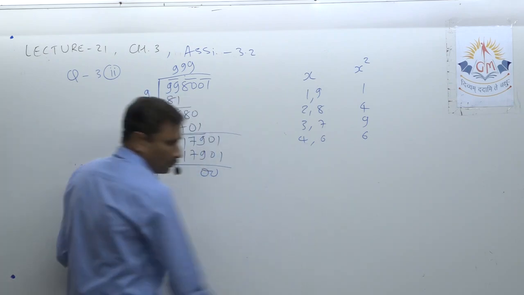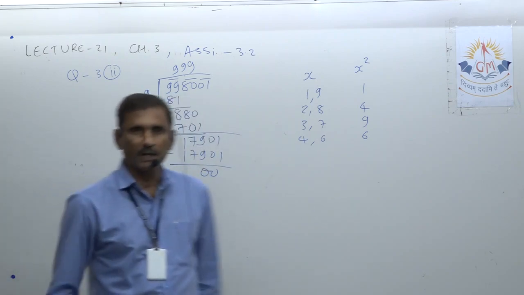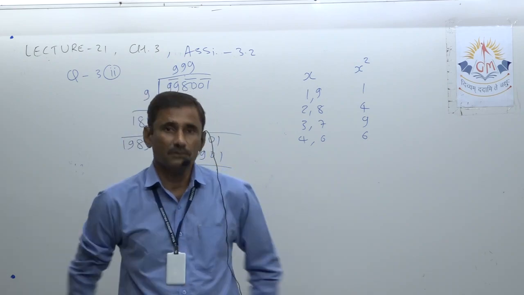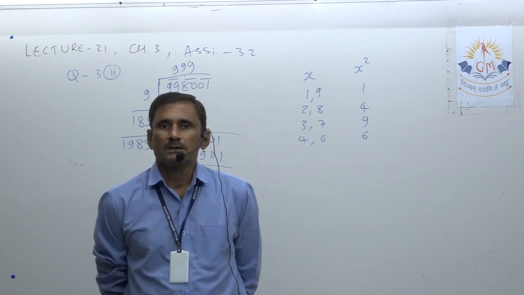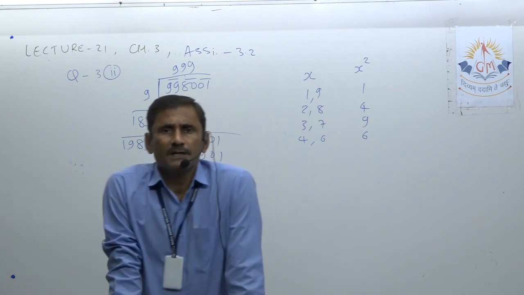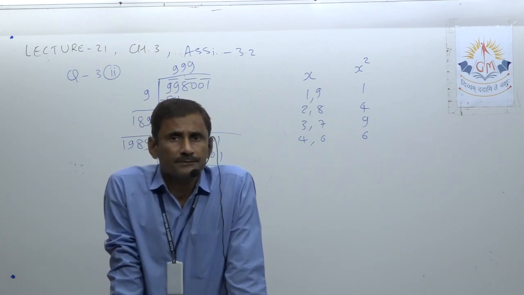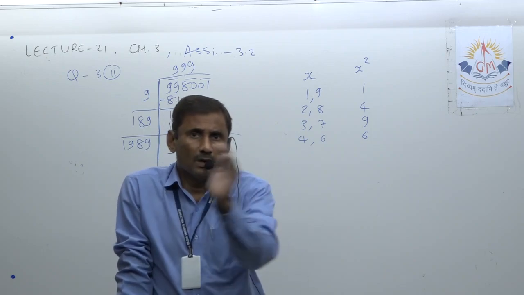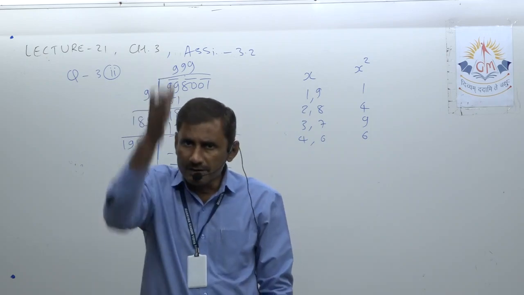But in the fourth sum, they have not clarified which method we should adopt. Actually any method you can use, but as I told you, if the number is very long, very big, then obviously there will be a very long list of factors, so it will be very time consuming also.